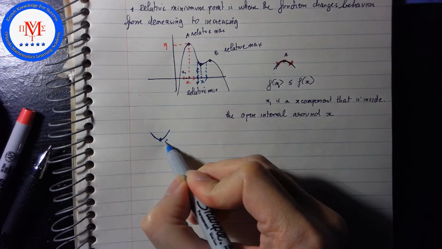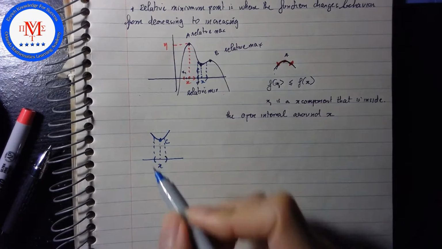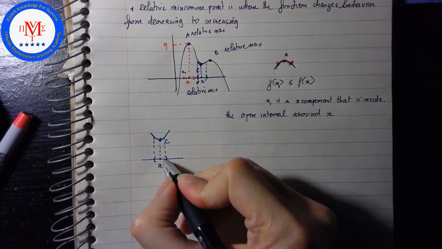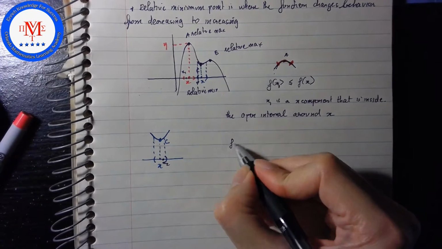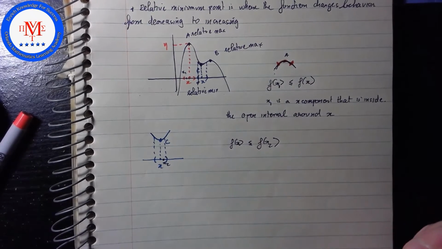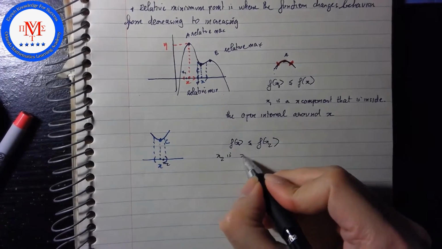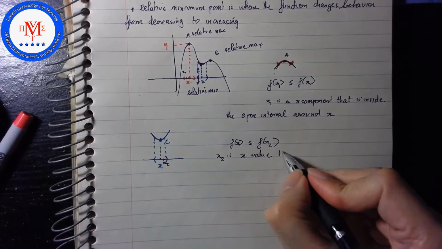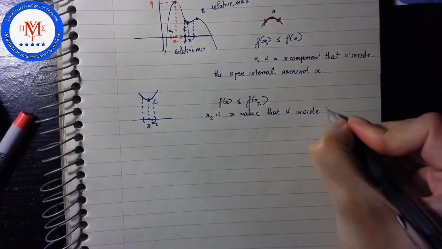There's the open interval over here. For example, I pick a point here called x2. So we know that f of x is always less than or equal to f of x2, and x2 is an x value inside the open interval around x.